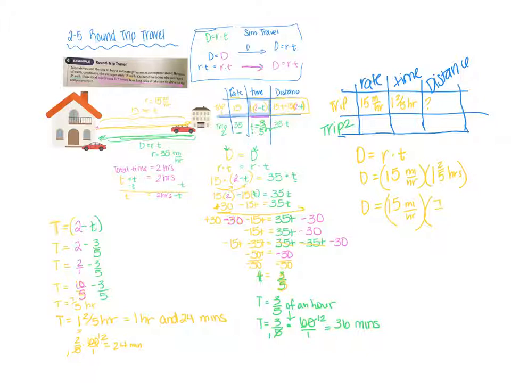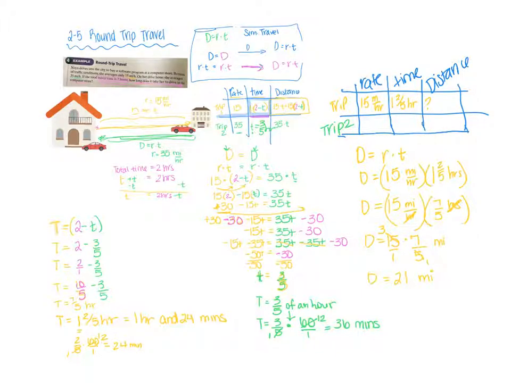So this becomes 7/5, and it's hours. Notice that just like I would cross out other things, like numbers, my units end up crossing out because hours divided by hours end up leaving me with just miles. So my distance is 15 times 7 divided by 5 miles. Now, this is the same as 15 over 1. So I can cross these out, and 5 divided by 5 is 1, 15 divided by 5 is 3, and I get my distance being 21 miles.